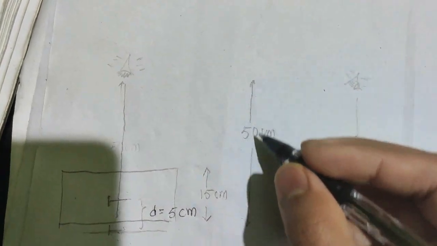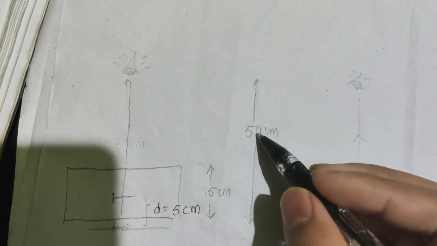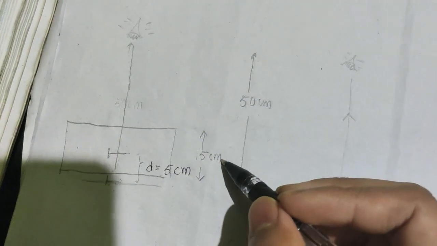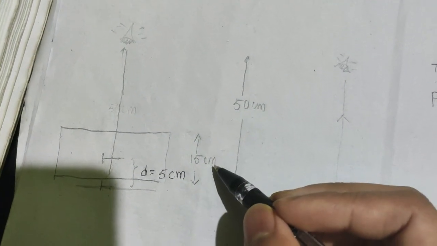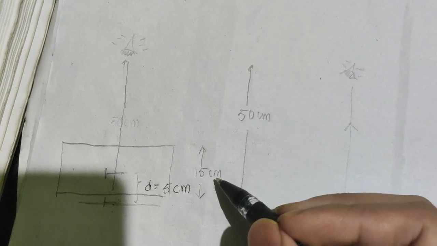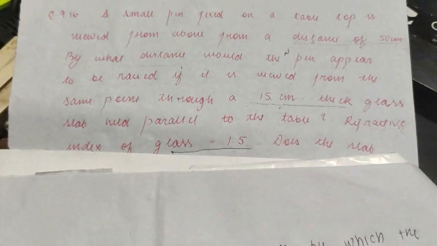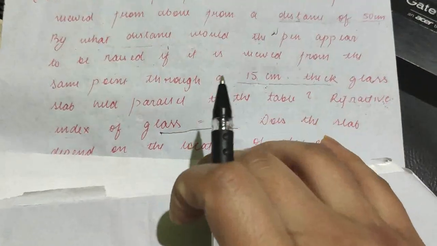So earlier it was seen at a distance of how much? 50 centimeter. But now it will be seen at a distance of 45 centimeter. Is that clear? Okay. Now, what is the final part of the question?